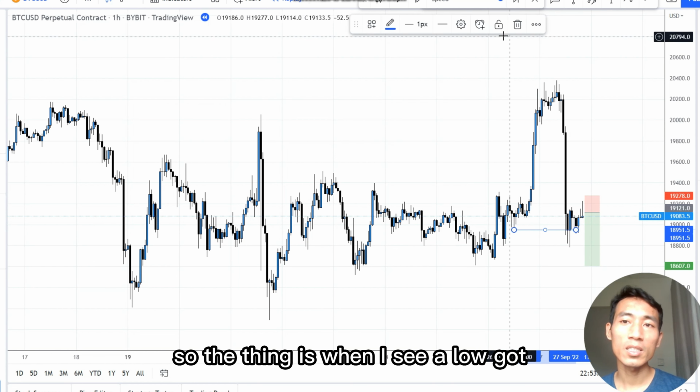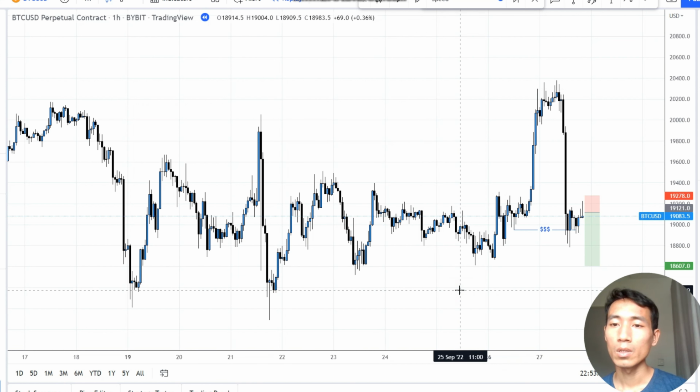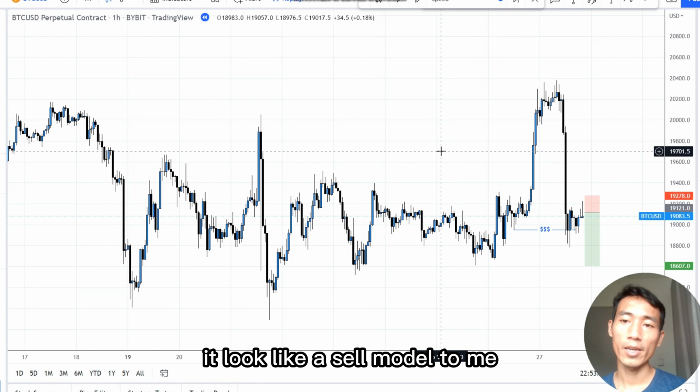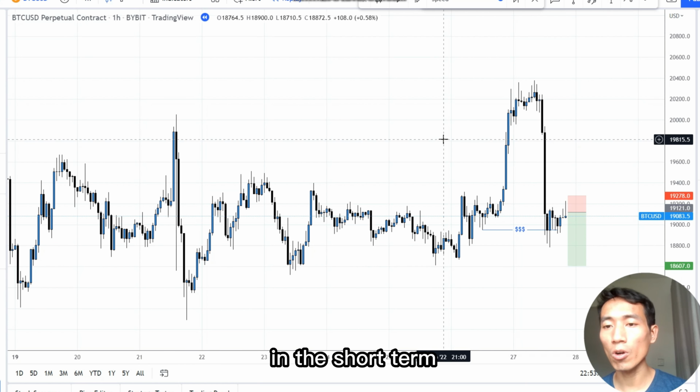So the thing is, when I see some kind of low taken like this, it looked like a sell model to me, or they're aiming for something to the downside in the short term.